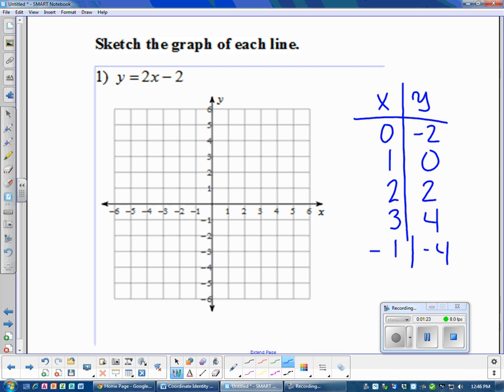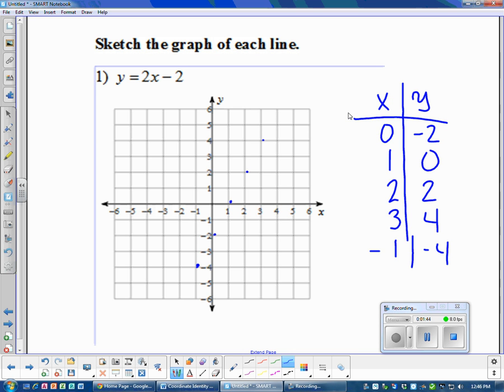Okay, so now I'm going to plot these 5 points that I have. So at negative 1, I go negative 4. At 0, I put negative 2. At 1, I have 0. At 2, I have 2. And at 3, I have 4.